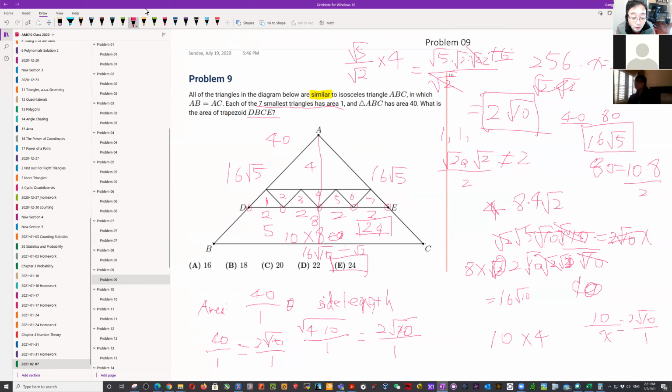Basically, in this type of problem, for me, I just make an assumption about the length of the side.